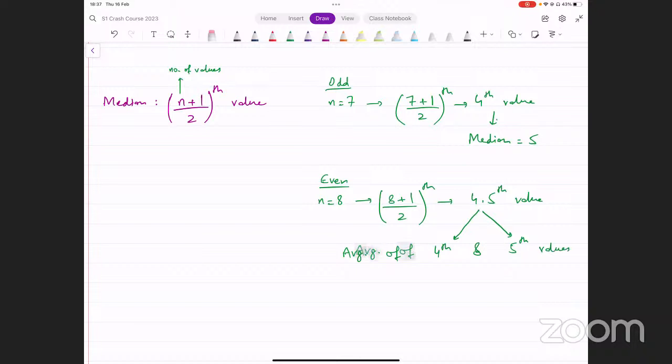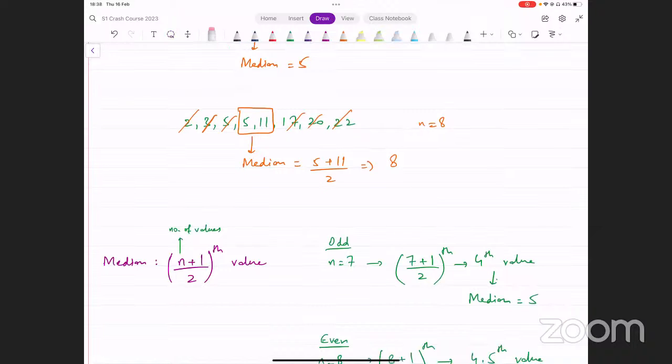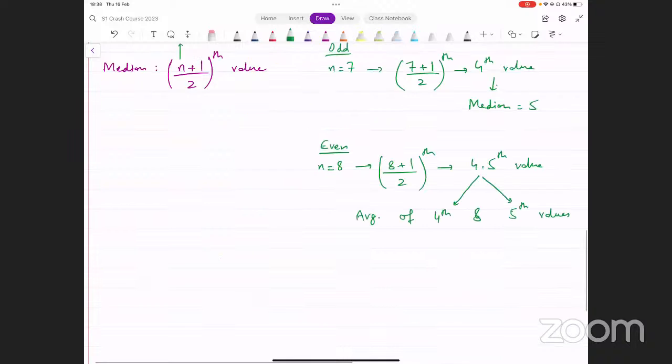Now, what was the 4th value? In the second data, the 4th value was 5 and the 5th value was 11. You take the average of them. 5 plus 11 over 2. And that gives us 8.